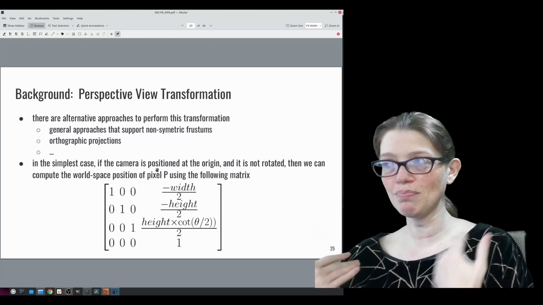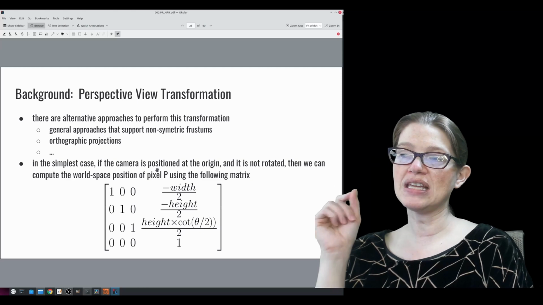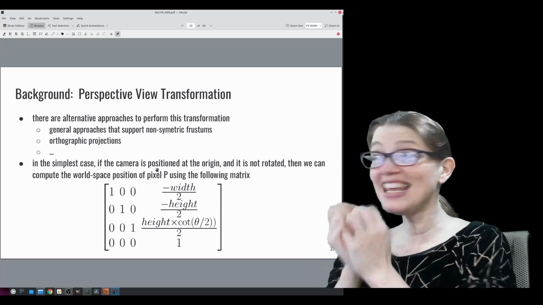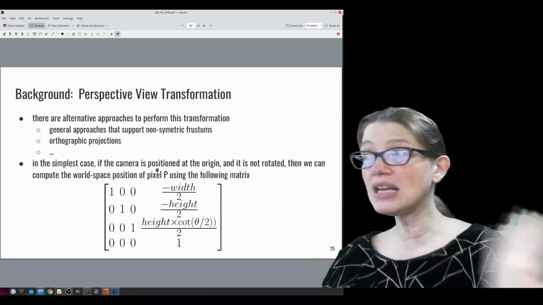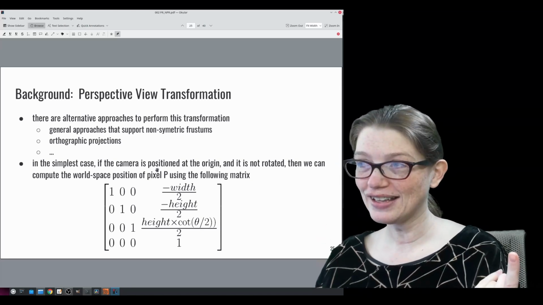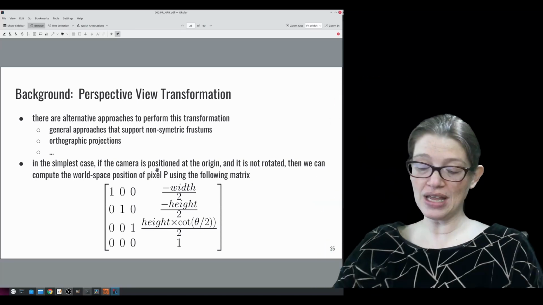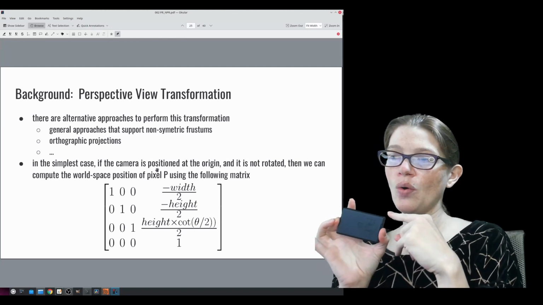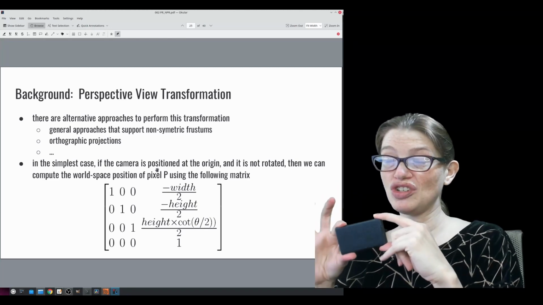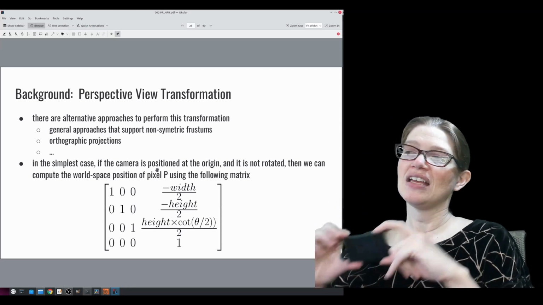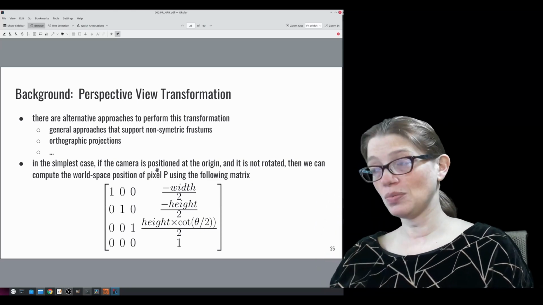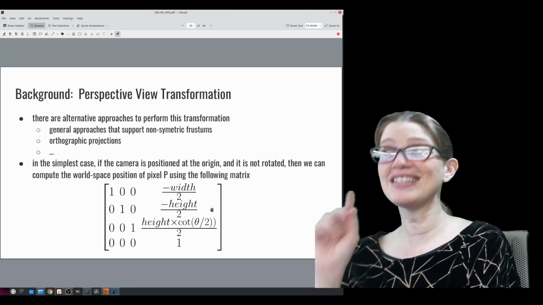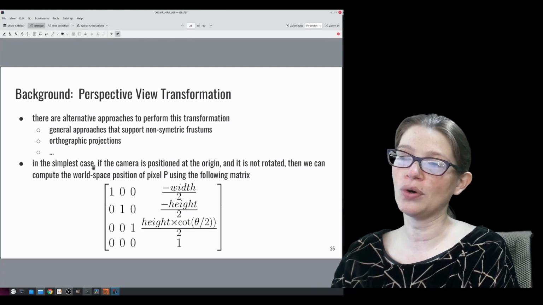There's a really simple way to compute the world space position of pixel P, because the image plane has its own coordinate system, because an image only has an X and a Y. And 0, 0 is always the bottom corner of the image or the top corner of the image. So we have to translate those pixel positions into the world space so that we can fire the rays through them, which is what we're going to have to do in our ray tracer. And so this is, in the simplest case, a matrix that you can use in order to do that.